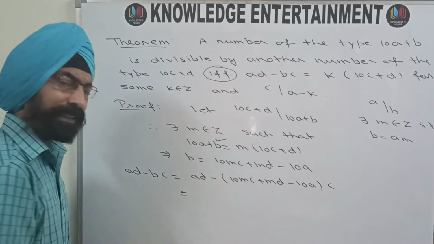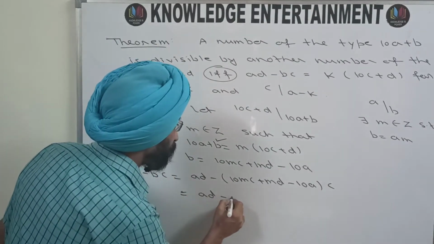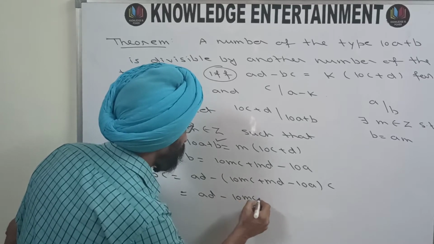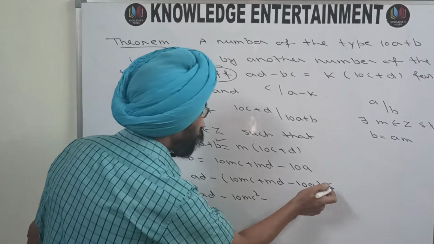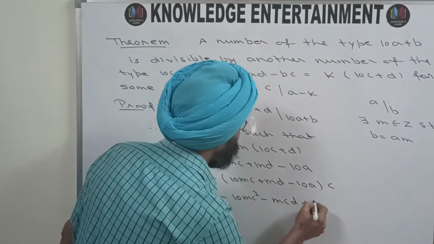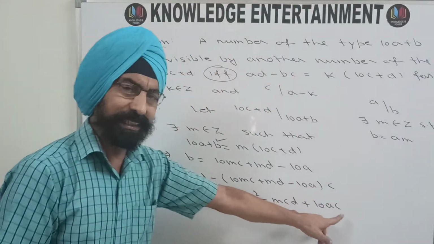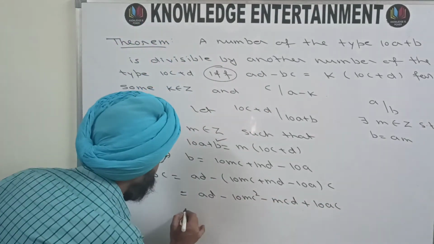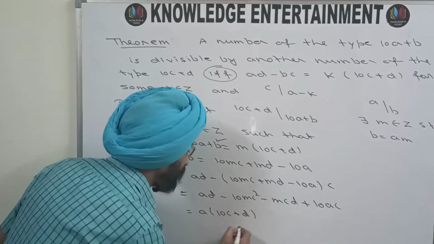Now simplify it. Simplifying, it is ad minus 10mc squared minus mcd plus 10ac. From the first and the last term, you can take out a common, and you will get 10c plus d.